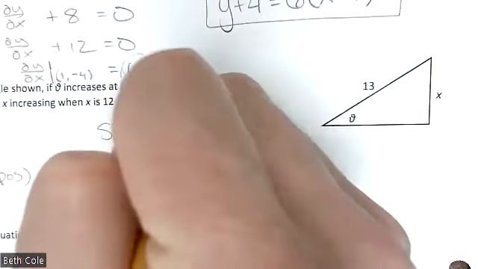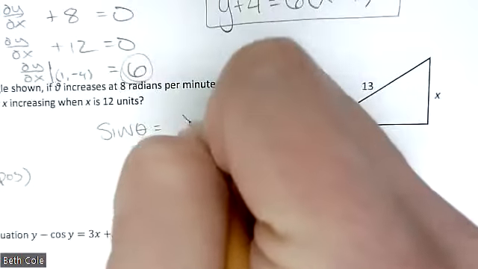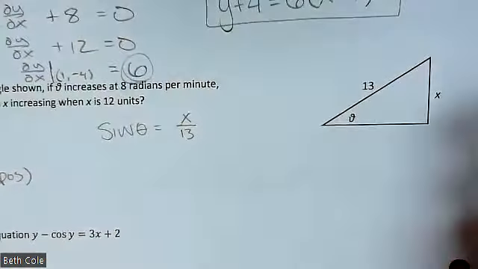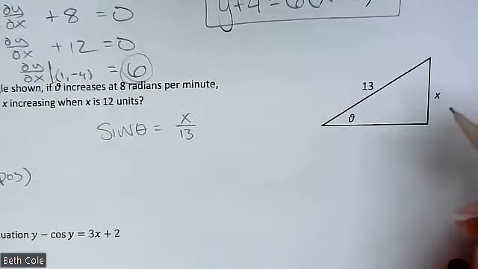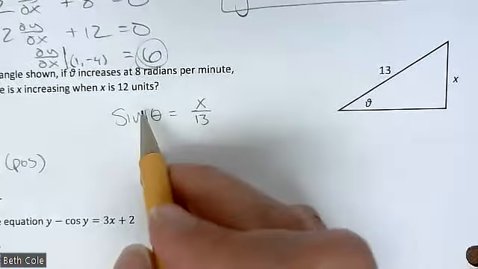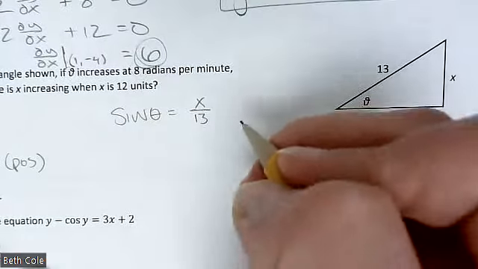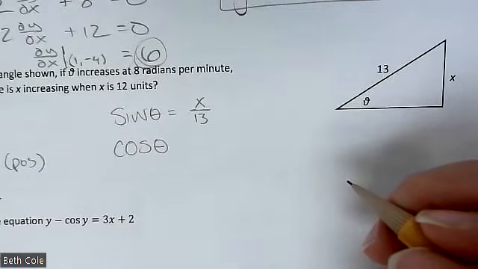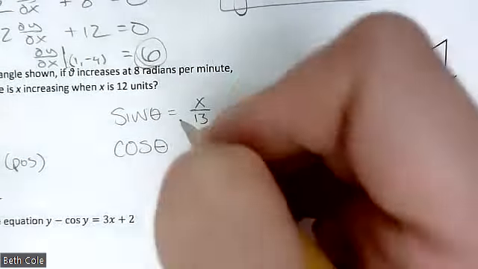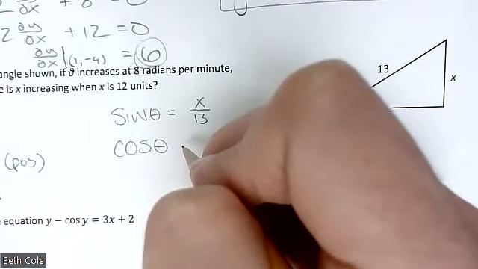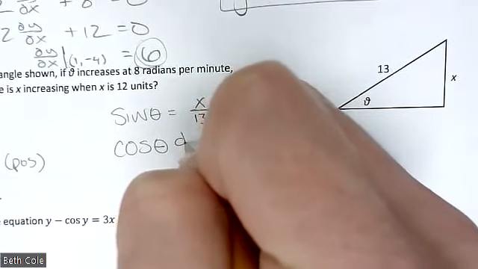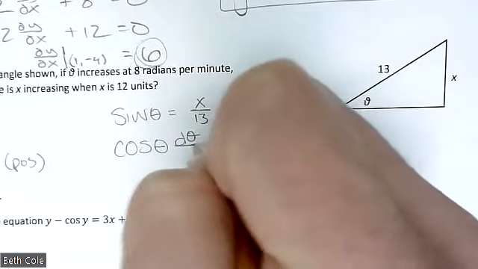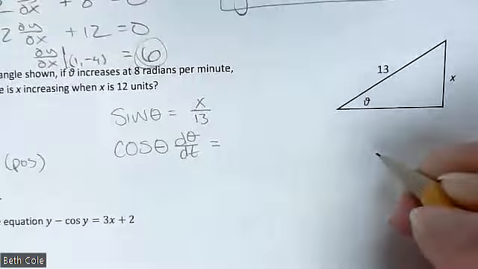So sine of theta equals x over 13. You can also write that as 1/13 x if you prefer. And then you do a derivative. So derivative of sine is just cosine, cosine of theta, d theta/dt, equals.